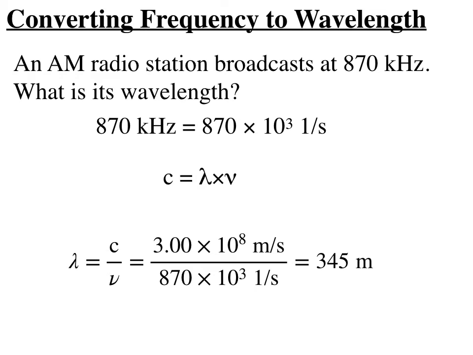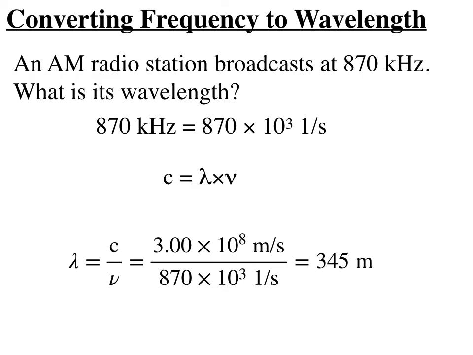If we're going to use the frequency in our equation that relates wavelength to frequency through the speed of light, we have to have the frequency expressed in hertz, not in kilohertz.